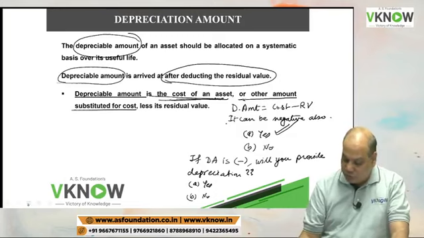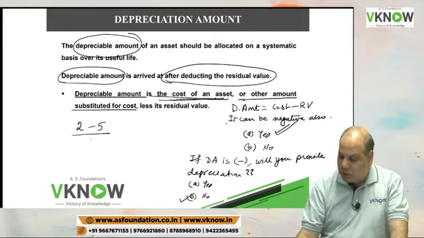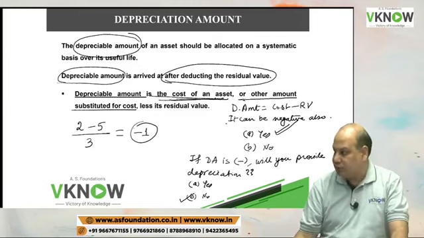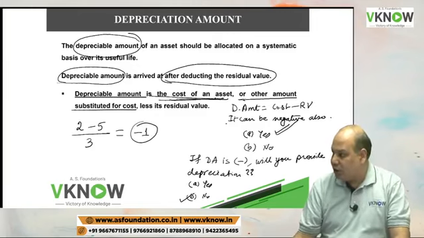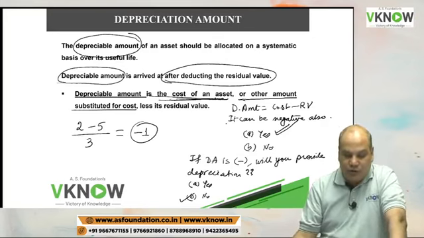So this time you should say no. Suppose it is 2 minus 5, remaining life 3 years, minus 1 can't be depreciation. Saurav is right. Chaurasia right. Usha right. Minus can't be depreciation.